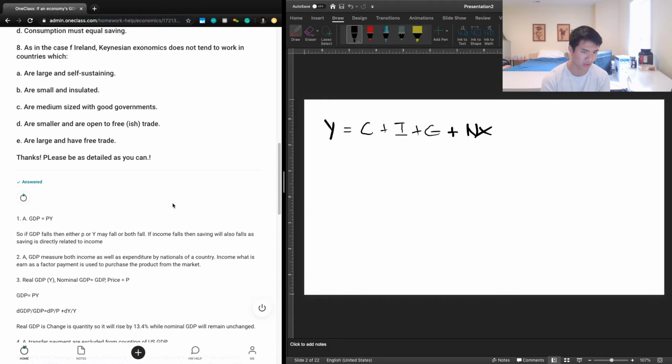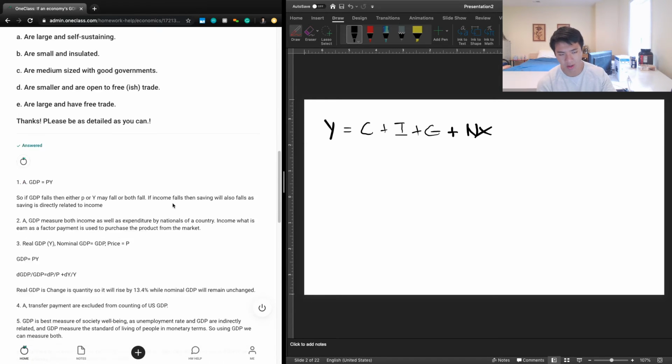And E says large and have free trade. This is maybe a close second, because if you have free trade, there's going to be global influences. But with a large country with a large economy, there is also going to be ability for governments to do a lot in terms of the fiscal policy that it has. And so we're going to go with D, countries which are smaller and open to free trade.